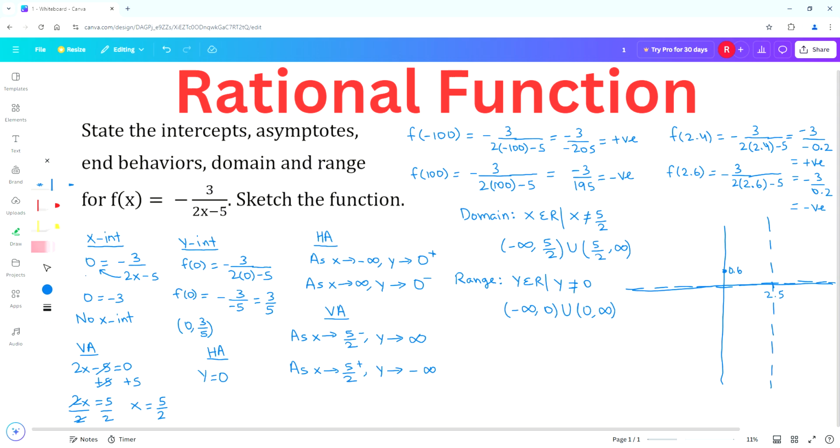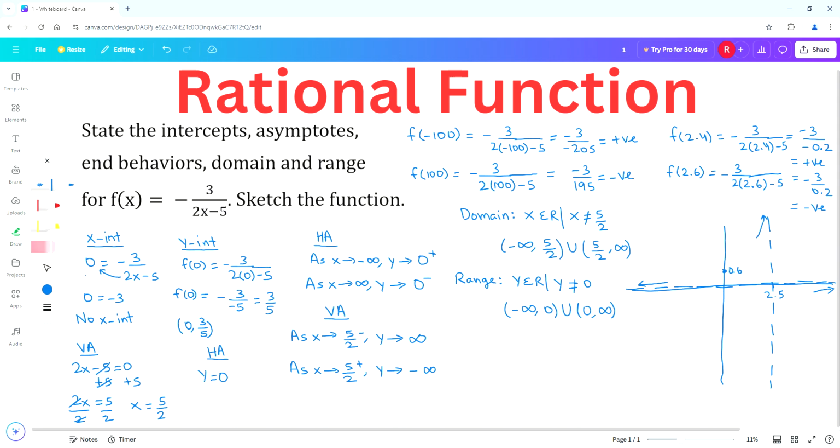Now we can show the end behaviors. On the left side, the function approaches the horizontal asymptote from above. On the right side, the function approaches the horizontal asymptote from below. On the left side, the function approaches the vertical asymptote in the upward direction.